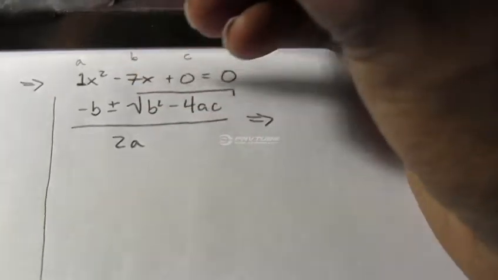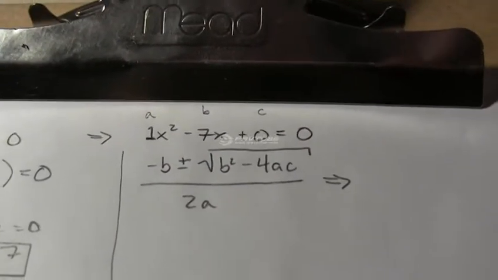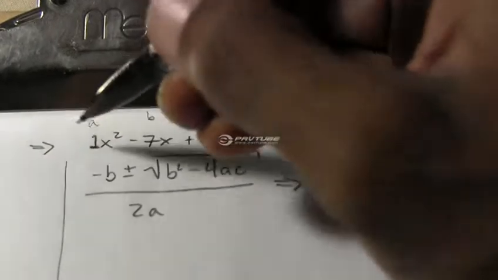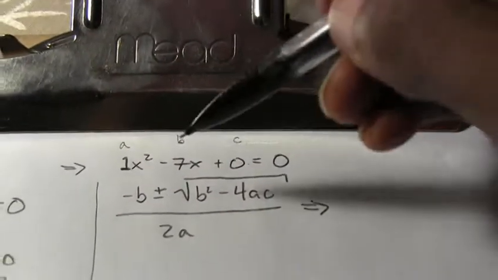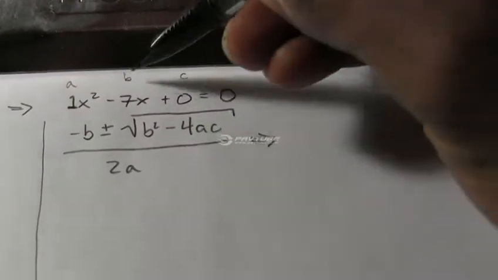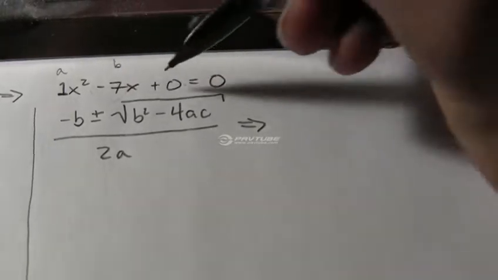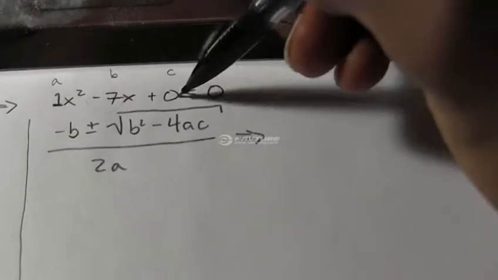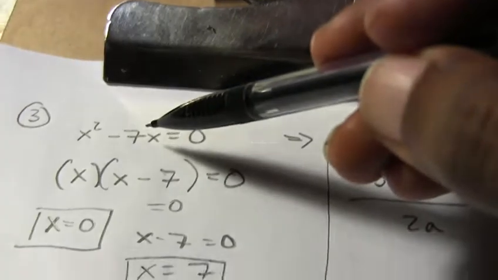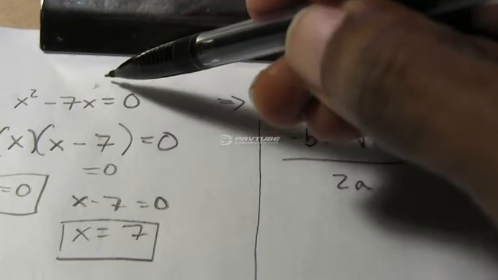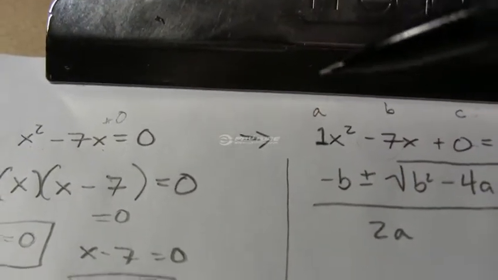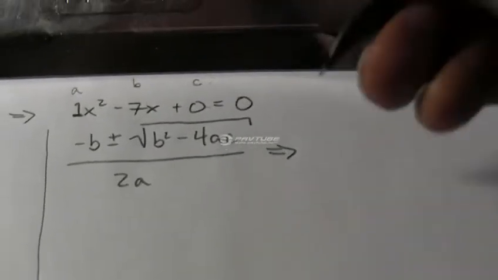Because if it was a 2, there'd be a 2. If there was a 3, there'd be a 3. But with a 1, multiplying by 1 doesn't really do anything, so oftentimes they won't put it there. Our b is our negative 7. And our c, we added it, it's a 0. It's invisible, because adding 0 you can do any time. We just added it in so we can see it.